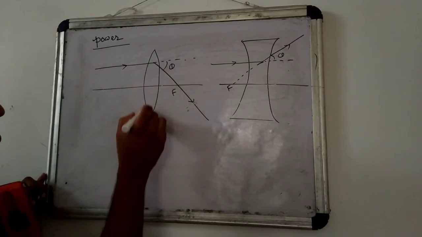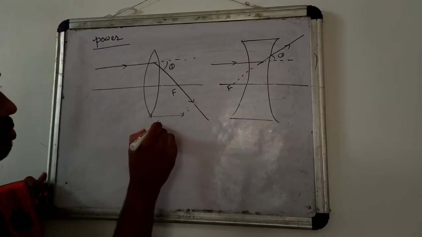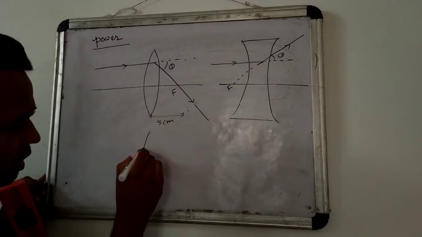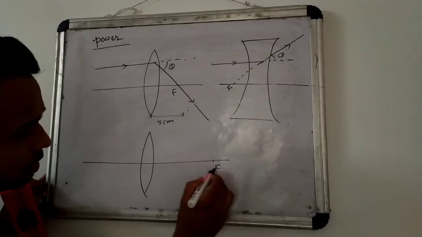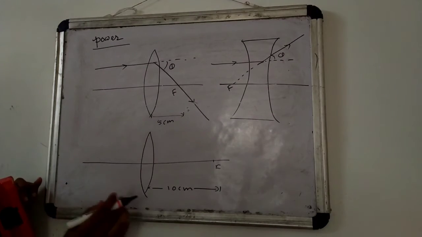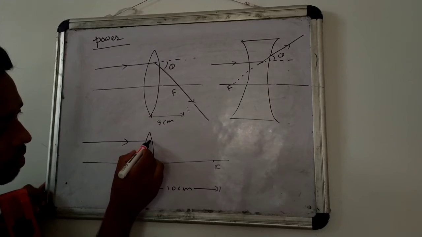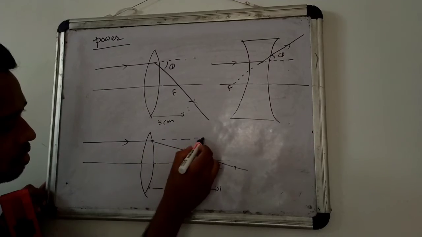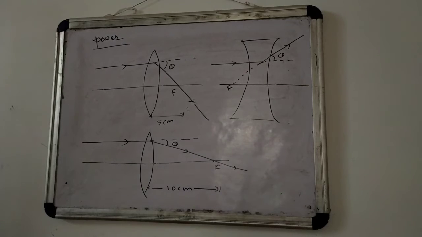Suppose the focal length of this lens is 5 cm. Then we take another lens which has a focal length of 10 cm. In this lens, the incident ray after refraction will pass through the focus. Then this is the angle by which the incident ray will change its path.